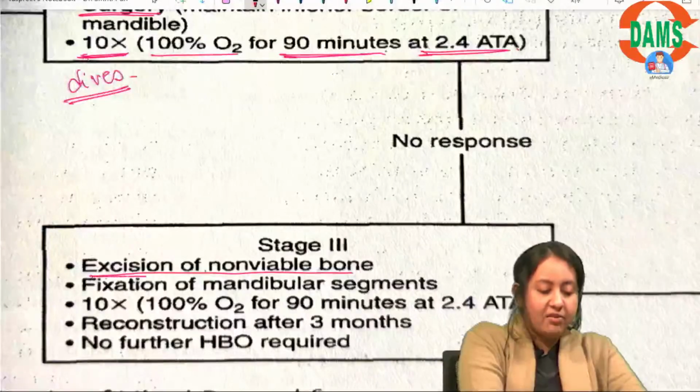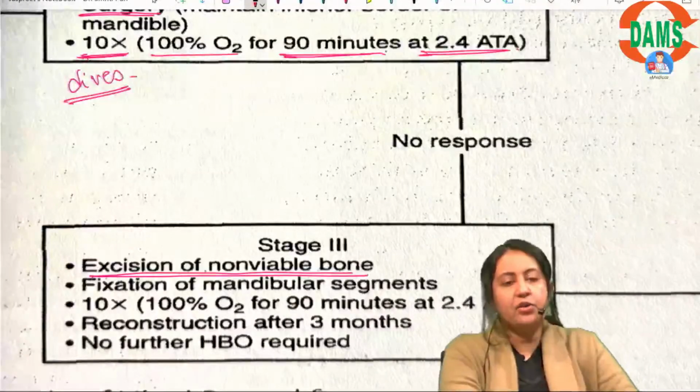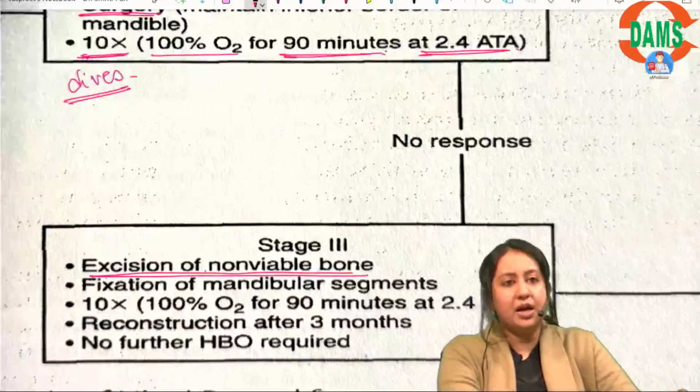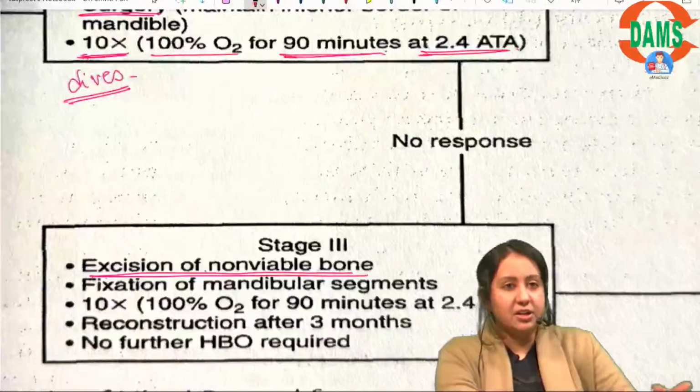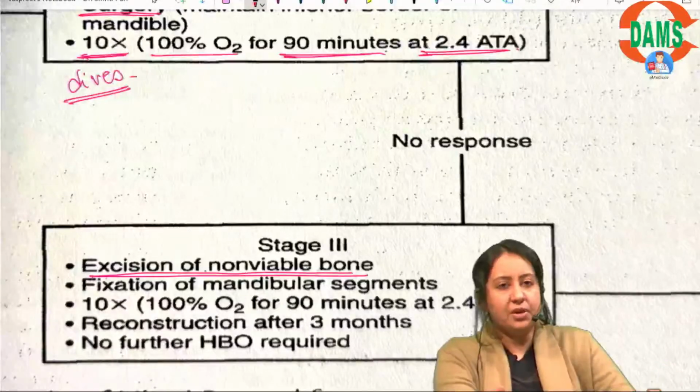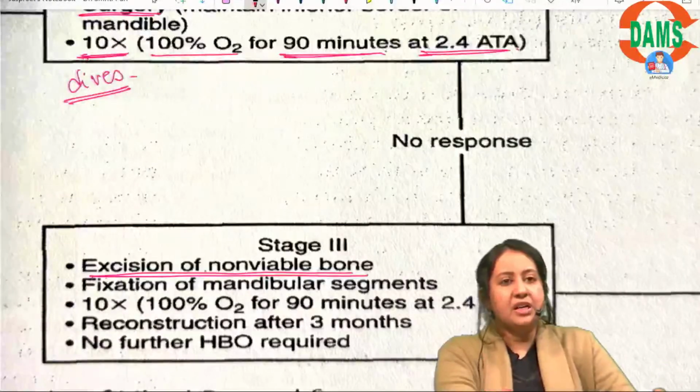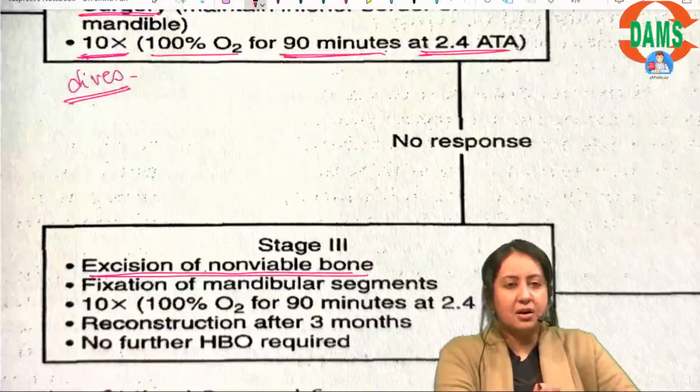In case you have left the lower border behind, or any non-viable bone behind, thinking that it may get revived or giving it a chance, and the patient is a non-responder, then in stage 3 you have to excise the complete non-viable bone.